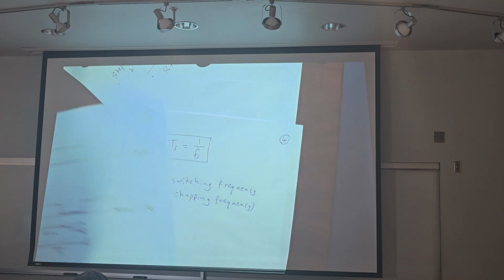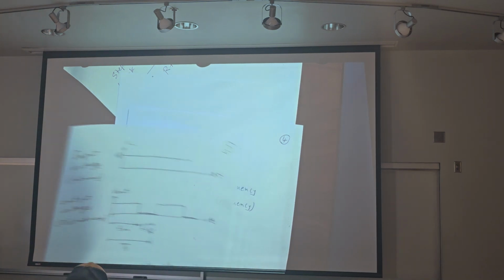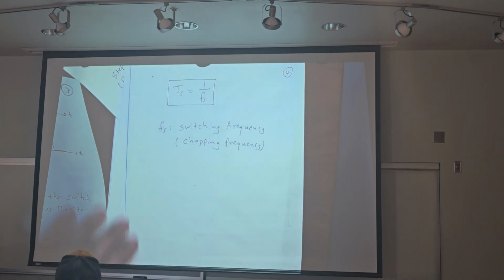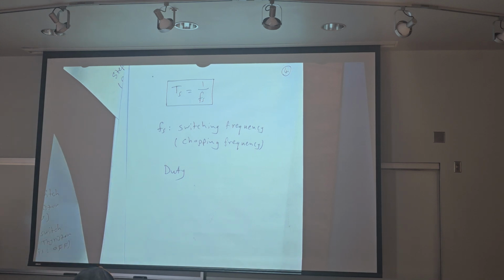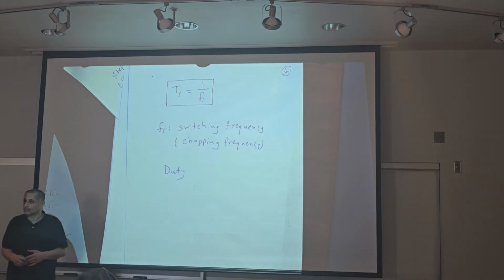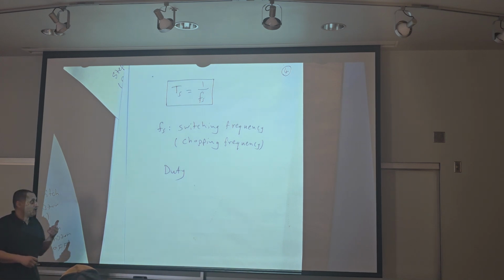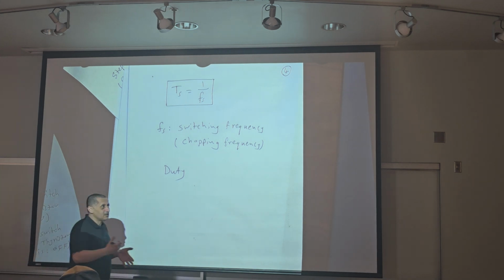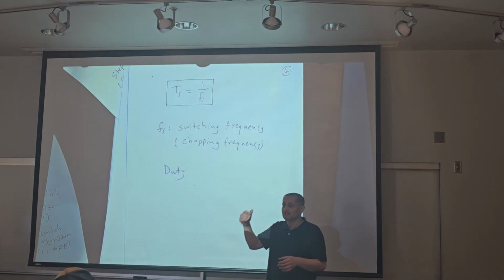We have on, off, on, off, on, off. It defines the duty cycle. The duty cycle of the DC to DC converter is the ratio of on time to total time, maybe in percent or per unit.